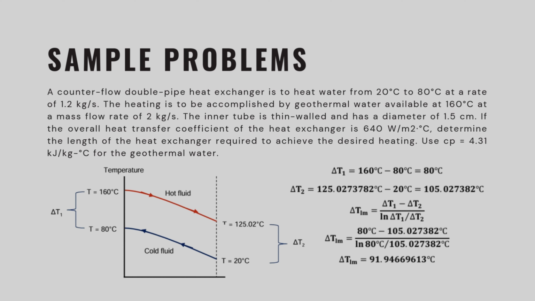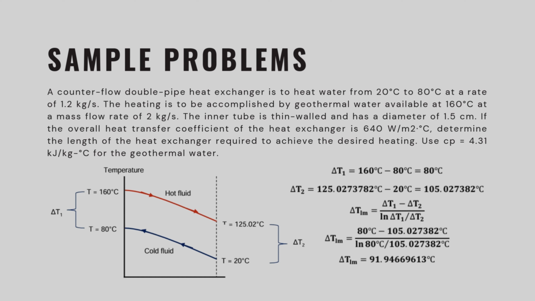This heat exchanger is under a counterflow scenario, meaning that this would be our diagram. Unlike the parallel flow, the temperature for the outlet for both heat exchangers would be on the right side, and then both inlet temperatures would be on the left side.